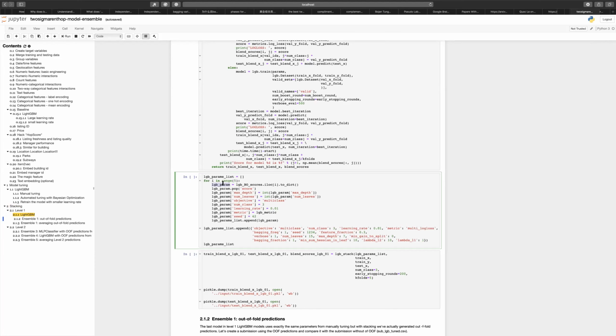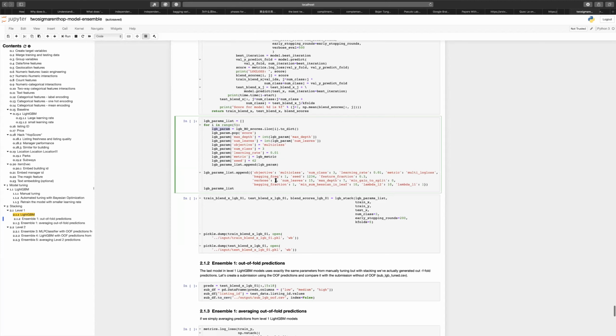It's probably not true, because there is some noise as well. So instead of using the single best set of parameters, we can use the top 5 sets of parameters to train 5 LightGBM models, from what we did for automatic tuning.